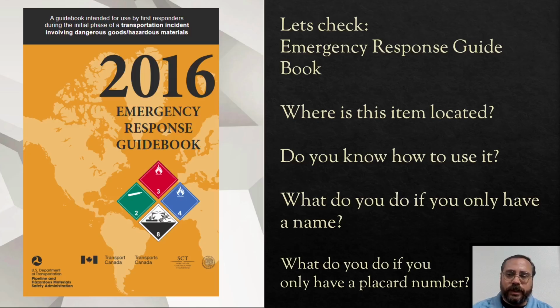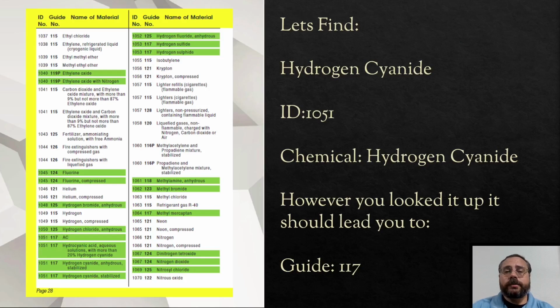The emergency response guidebook is extremely useful at grouping chemicals together into guide pages that give you very basic treatment and management instructions for both fire, EMS, and isolation distances. Let's do an exercise. I want you to go grab your emergency response guidebook and let's look up hydrogen cyanide.